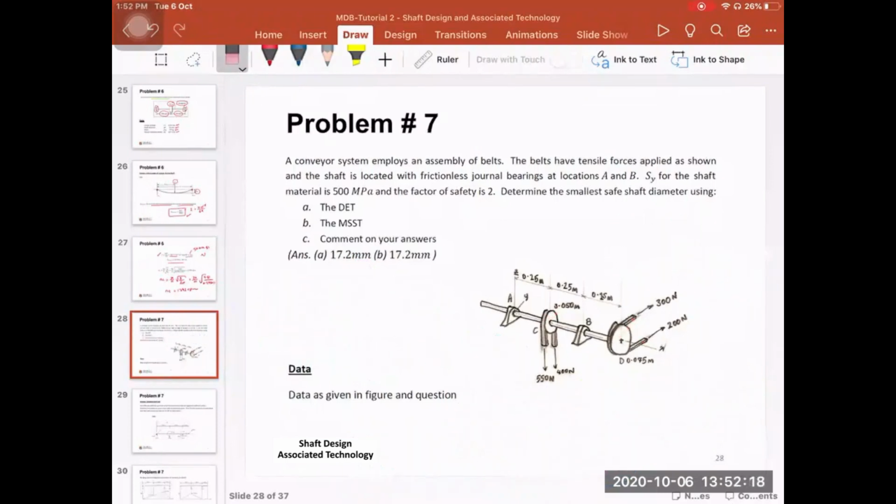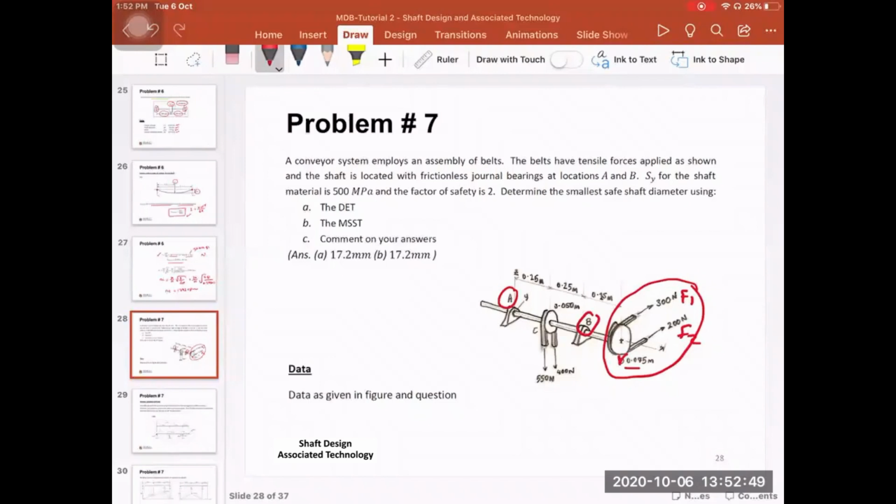So what we have here, guys, is a conveyor system that employs an assembly of belts. The belts have tensile forces applied as shown, and the shaft is located with frictionless bearings. So we have two bearings here, bearing A and bearing B, at locations A and B. And this is the first pulley where we have, as I said, force F1, F2, and this is the radius, 0.075 meters.